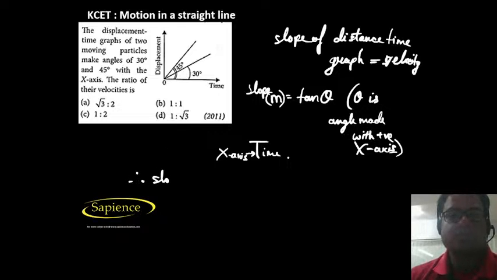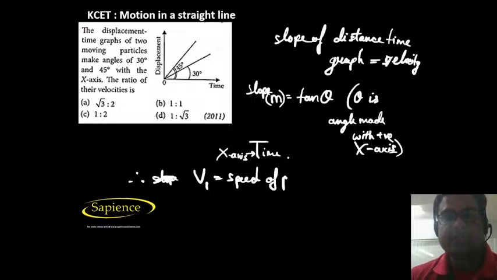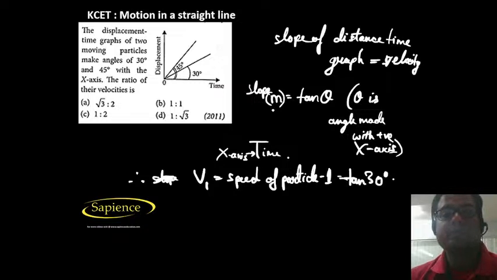So for the first particle it is 30 degrees. So v1 is the speed of particle 1, that will be equal to tan 30 degrees, since the displacement time graph of particle 1 makes 30 degrees with the time axis, with the x-axis actually.